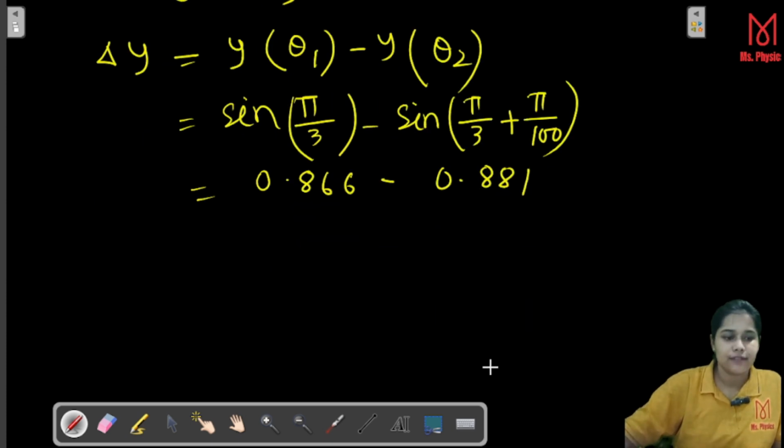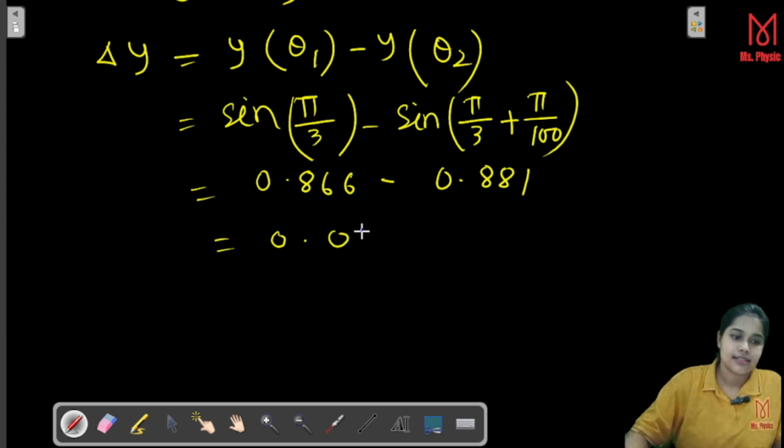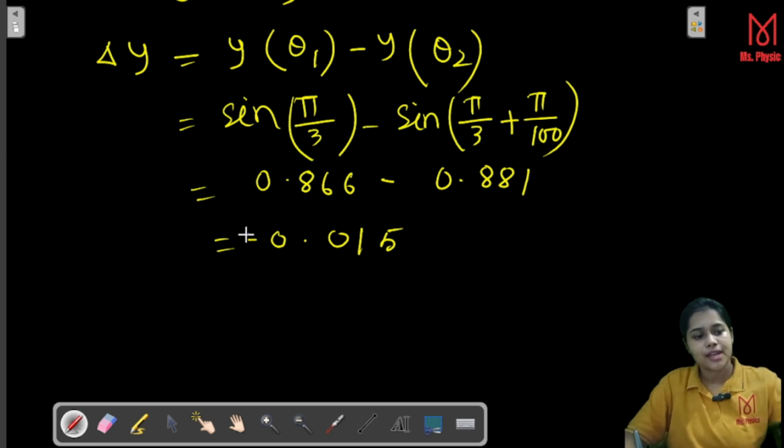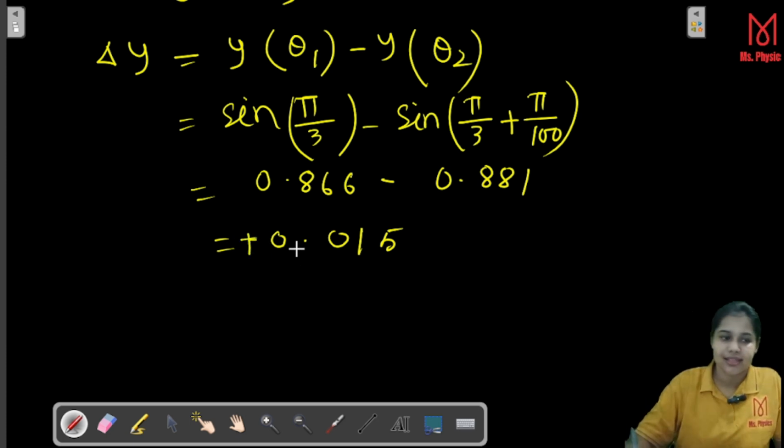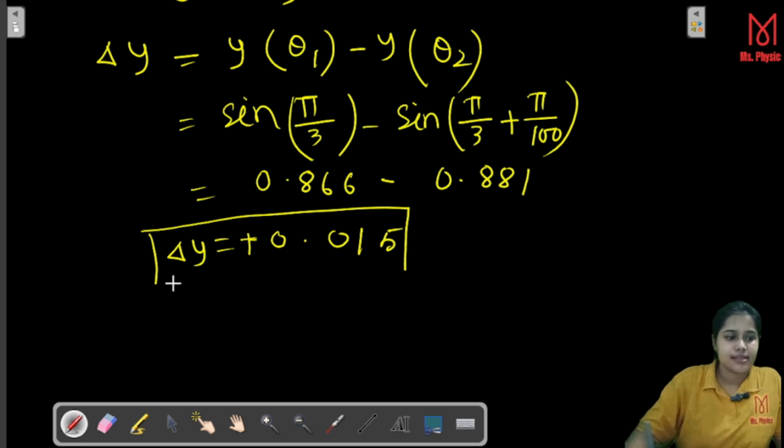If you subtract them, you will get 0.015. Though it is minus, we will consider the positive one because we have to find out the change. Change means the magnitude you have to consider. So this is the answer, the change of y.